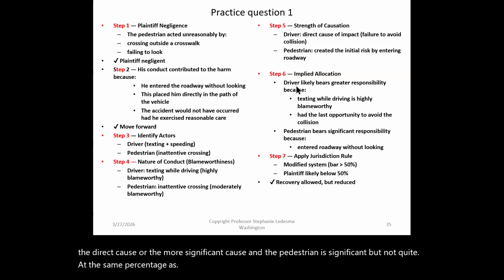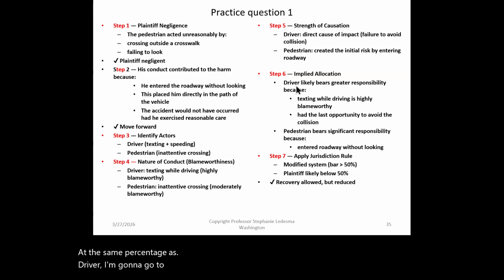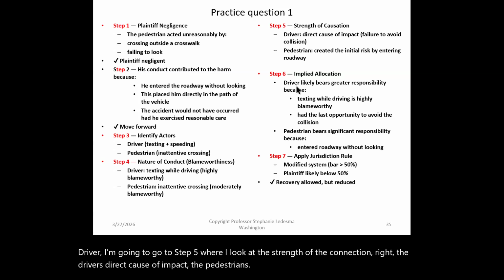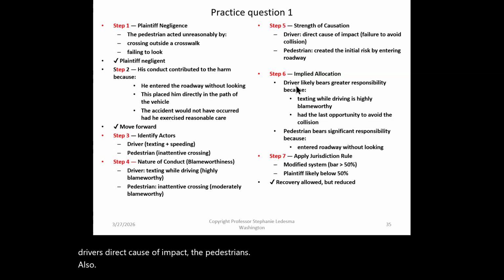I'm going to go to step five, where I look at the strength of the connection, right? The driver's direct cause of impact, the pedestrian's also, but not as significant as the driver.